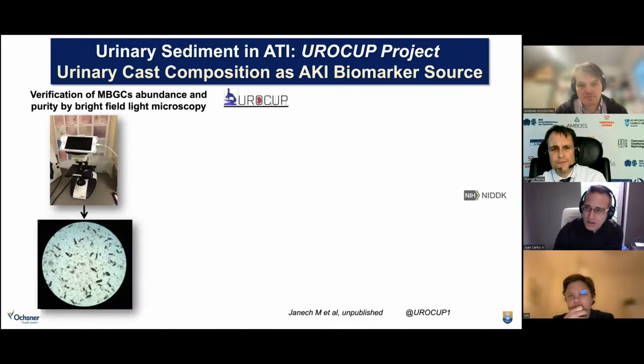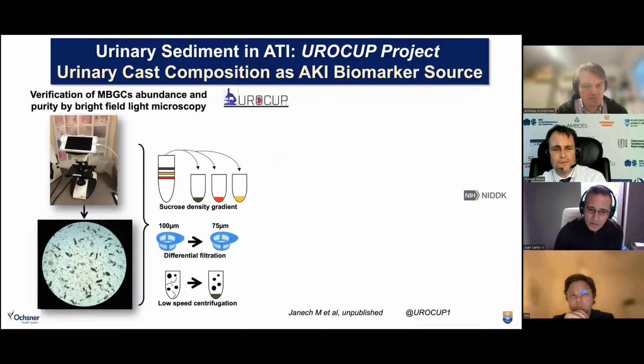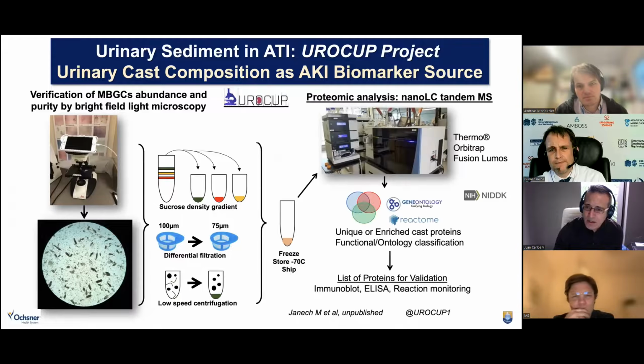We are actually in the process of doing some work trying to learn more about the composition of casts in collaboration with a PhD scientist at the College of Charleston, Mike Janech. We're obtaining samples that have muddy brown granular casts, as seen in this figure. We go through a process of enrichment by differential filtration and low-speed centrifugation, and we send samples to his laboratory for proteomic analysis.